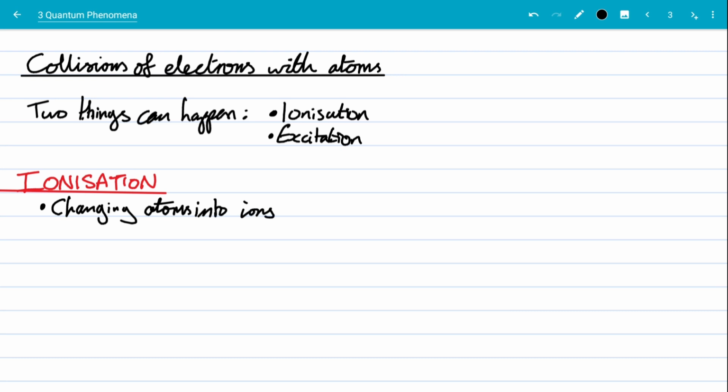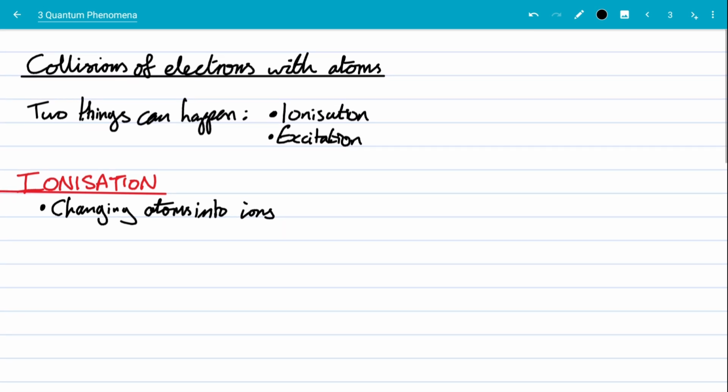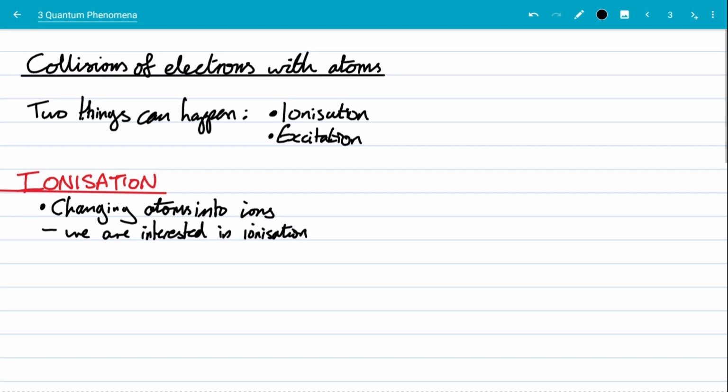And there's a few ways that can happen. Charge transfer, electron transfer can happen through interactions between atoms in chemistry, but that's not what we're talking about here. What we're interested in here is ionization by bombardment.